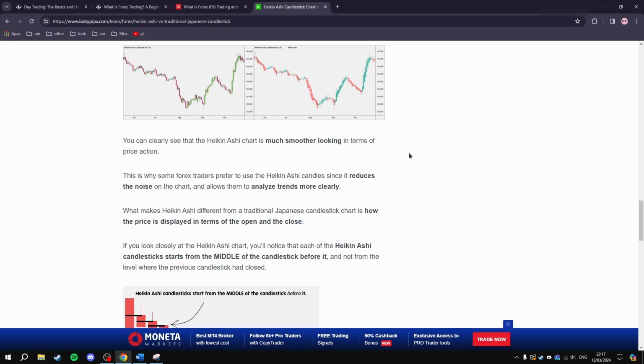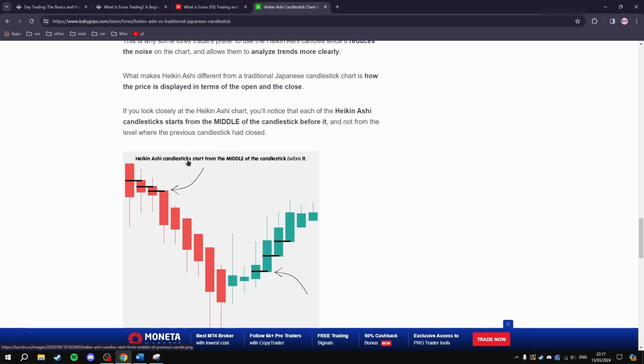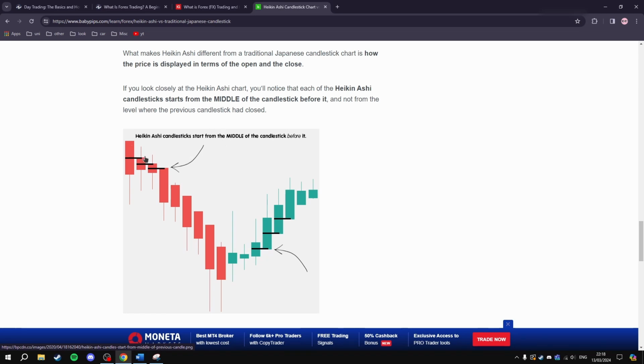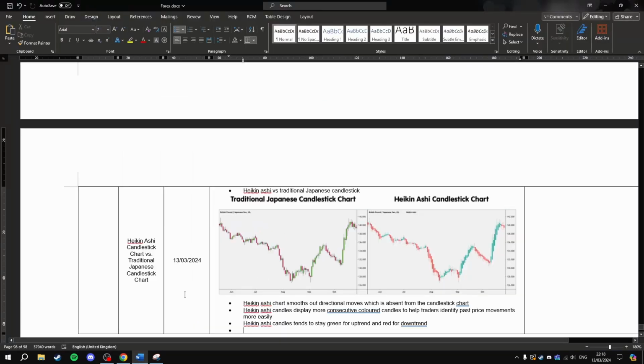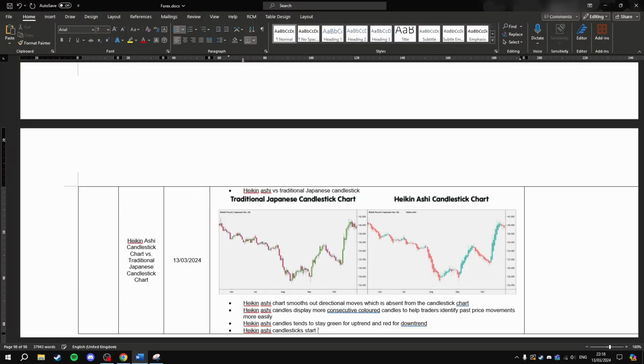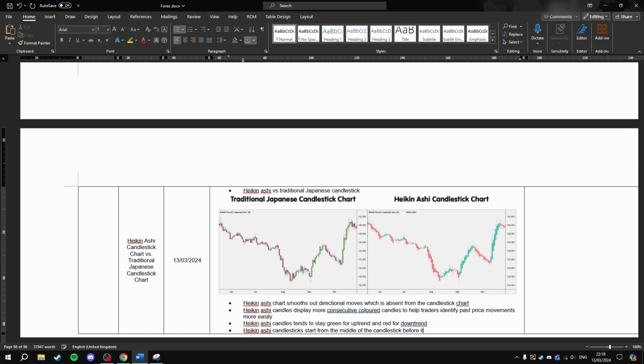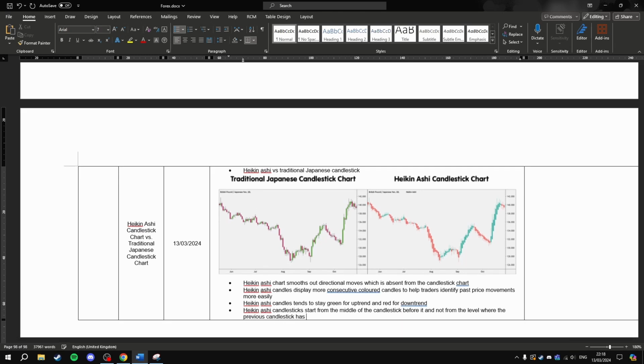If you look closely at the Heikin Ashi chart, you'll notice that each of the Heikin Ashi candlesticks starts from the middle of the candlestick before it, and not from the level where the previous candlestick had closed. Oh, right.